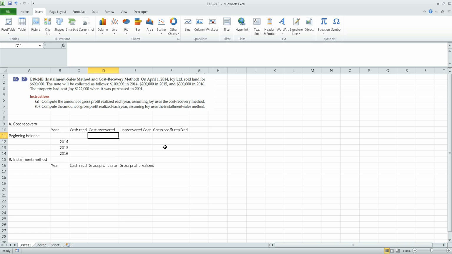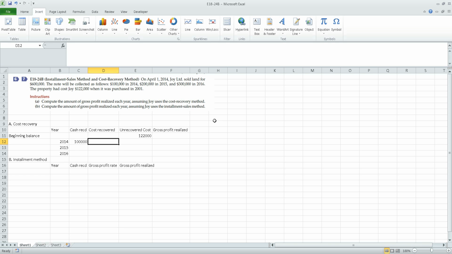So the original cost of this land was $122,000. So we're going to plug that in as the initial unrecovered cost. And then we're going to look at that first collection of cash that took place in 2014 of $100,000. And we're going to ask ourselves, how much of that cash represents a recovery of the initial unrecovered cost, and how much of it is cash received in excess of cost such that we are going to recognize profit on it.